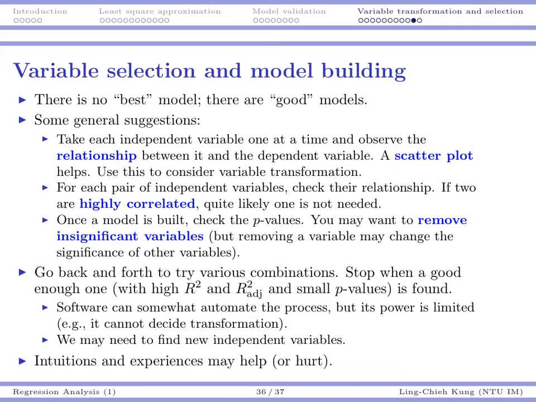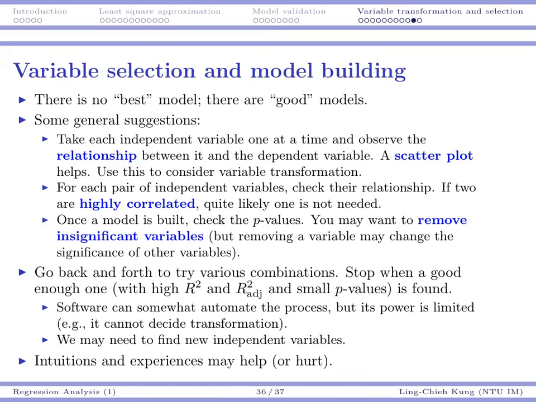If that's the case, most likely you don't need to consider it in your regression model. If you can see some kind of pattern, then you check whether it's a linear pattern or not. If it's not, then you try a few variable transformations. But if it just looks linear, then there's really no reason to try nonlinear transformation.